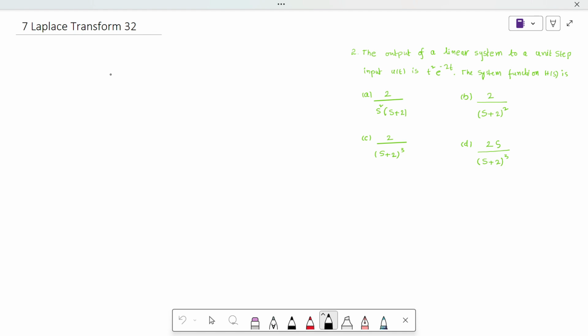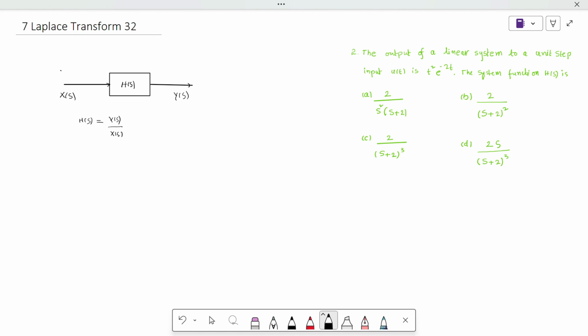We know that for the LTI system in S domain, this is called h of s, transfer function, input x of s, this is output y of s. So h of s is asking for a transfer function, system function. So h of s equals y of s by x of s.